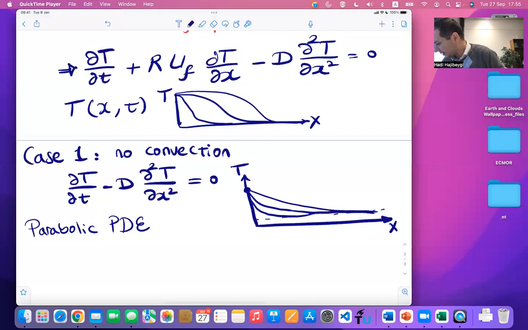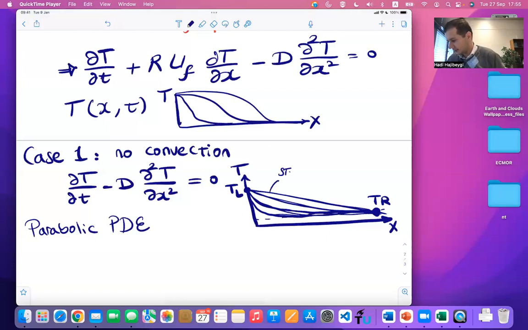As time passes, you will see that temperature would look like this if I have fixed T left and fixed T right. Very diffuse, very much parabolic, etc. So it will be like this, it will be like that, until it reaches a steady state.